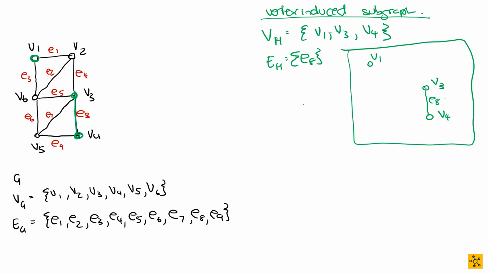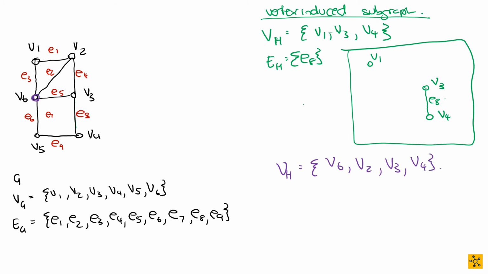Okay, let's do another example. Let's just see if I can clean up. Oh, that did not work out very well. Okay, let me just redraw some of this graph. Okay, so we're back to our normal graph there, and we're going to create another vertex induced subgraph. But now we're going to use the vertices V6, V2, V3, and V4.